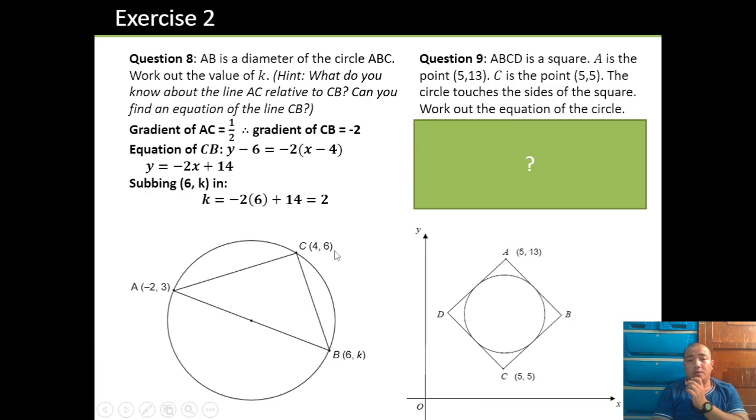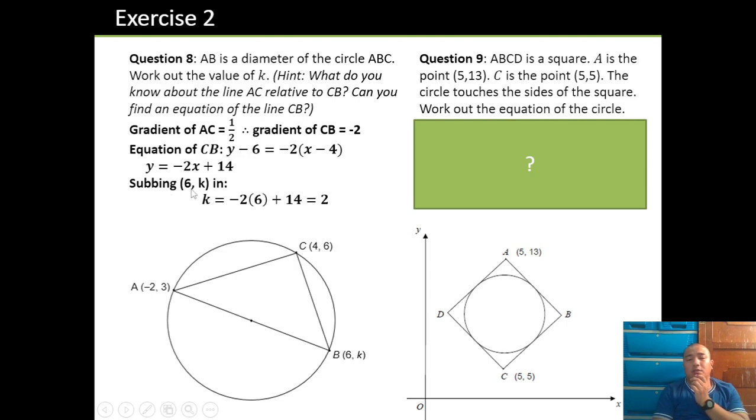The equation of CB is y - 6 = -2(x - 4), because that's the gradient times the quantity x minus 4, or y = -2x + 14.